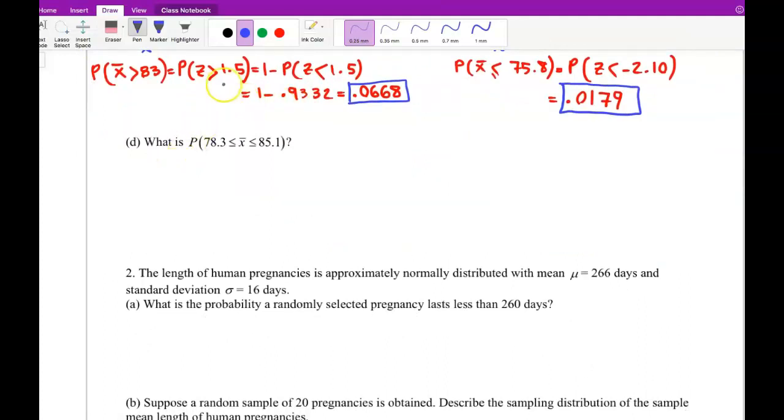Now part D, what is the area when x bar is between 78.3 and 85.1?